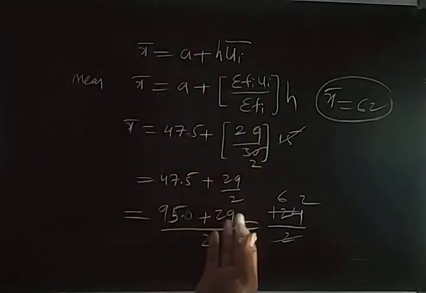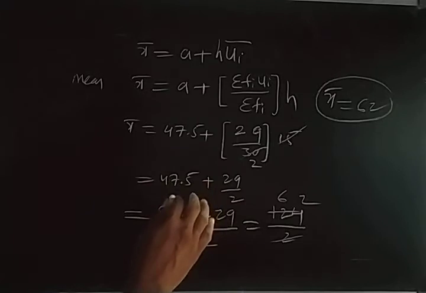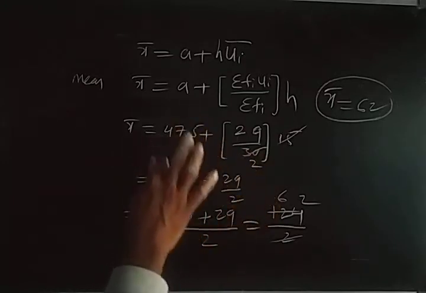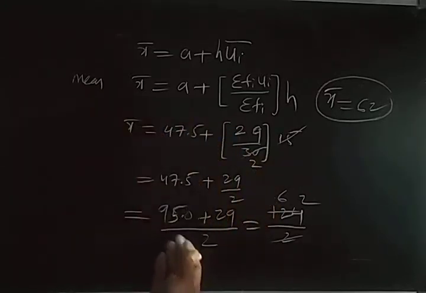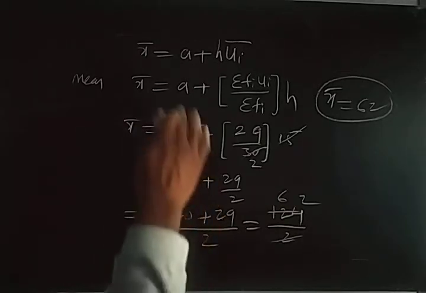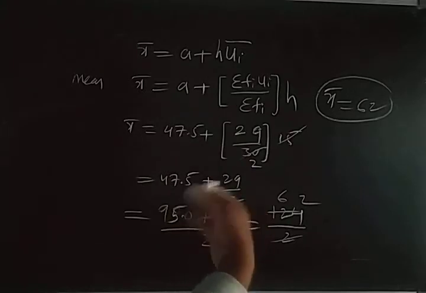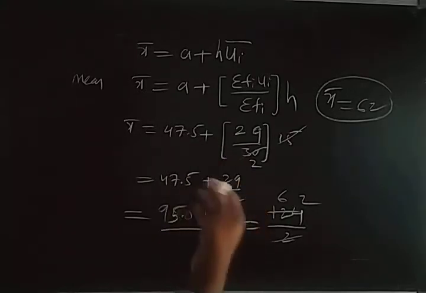So when do we use the direct method? Xi means class marks. Class marks will not be given in the question. You will have the class intervals and frequency in that question, so you have to find the class marks denoted by xi and observe the xi. If xi values are small, you can apply the direct method.